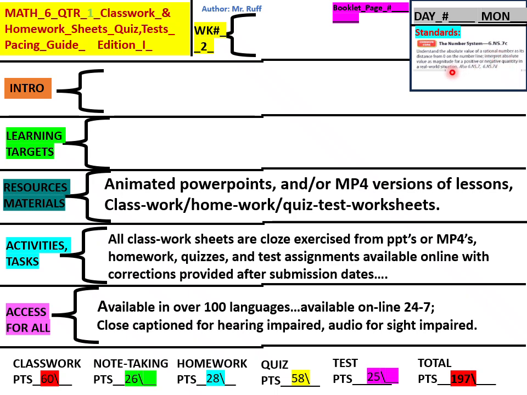Interpret absolute value as magnitude for a positive or negative quantity in a real-world situation, and that also covers 6.NS.7 and 6.NS.7d. And then we also have an ELA, English Language Arts Literacy, RST 6-8.7 standard here.